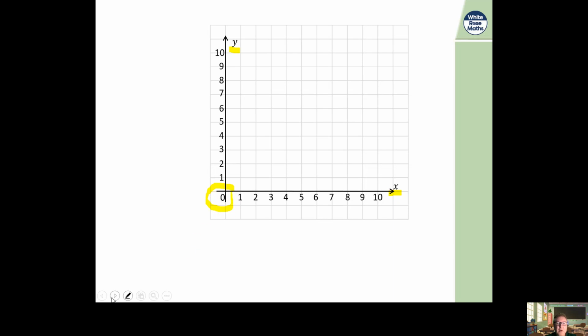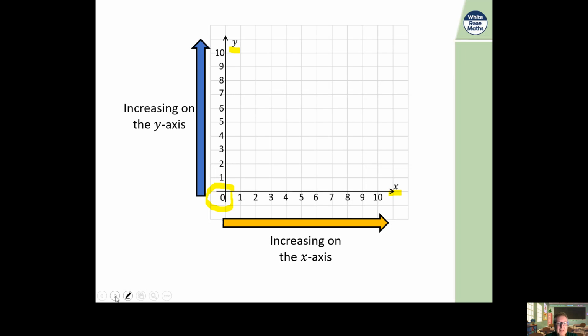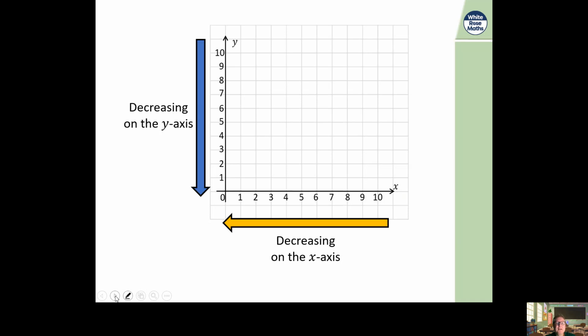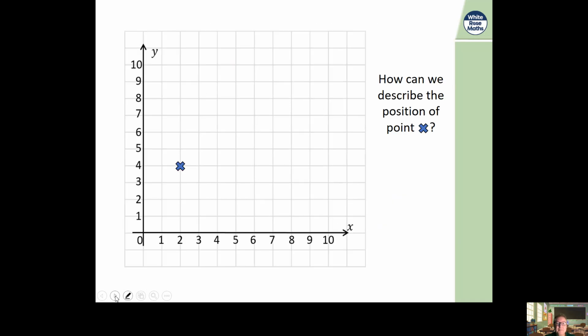That's right, it's the origin. So we've got increasing numbers from 0 to 10. And here vertically, we've got increasing y-axis numbers 0 to 10 as well. So this would be decreasing and decreasing.